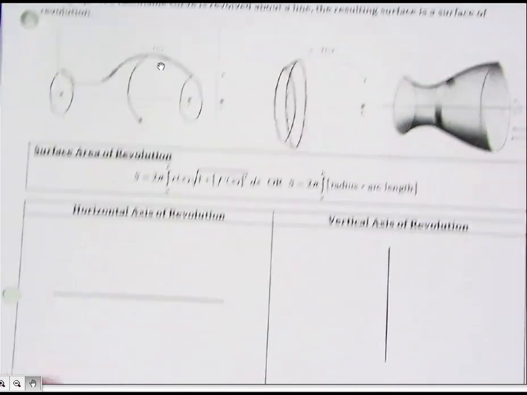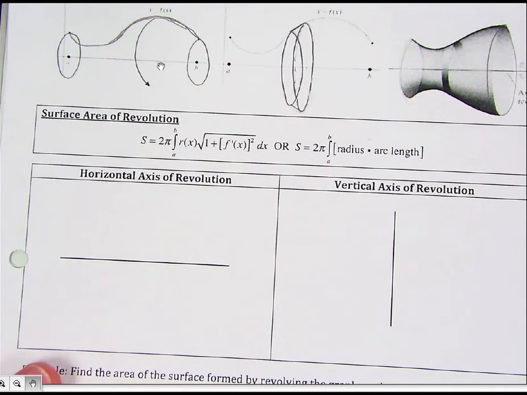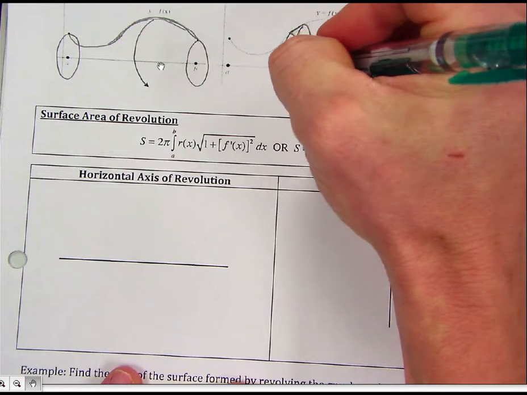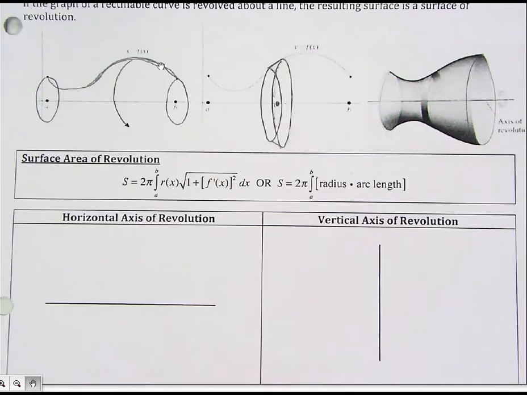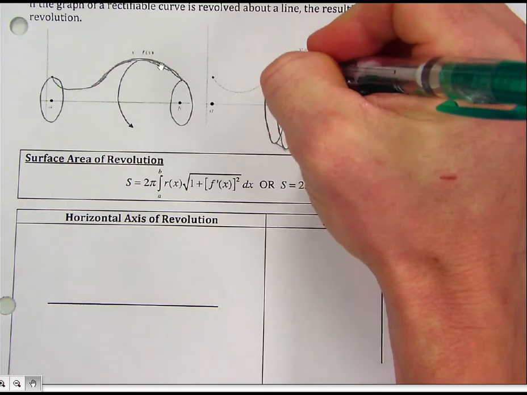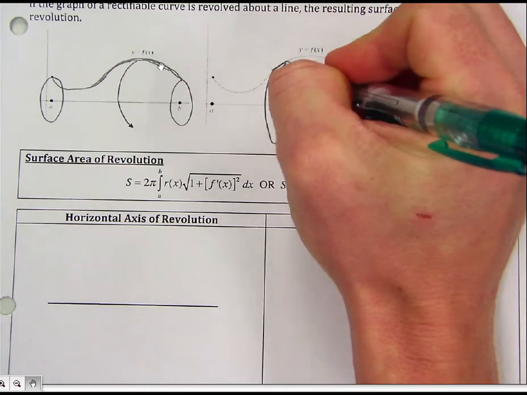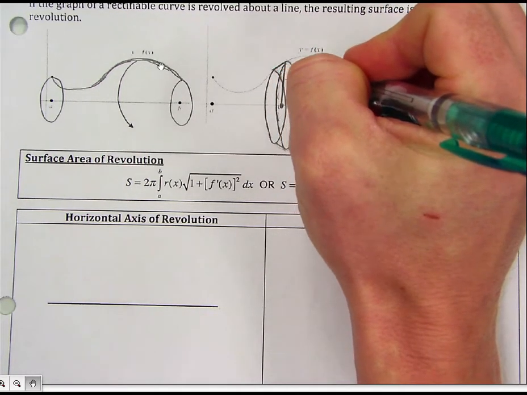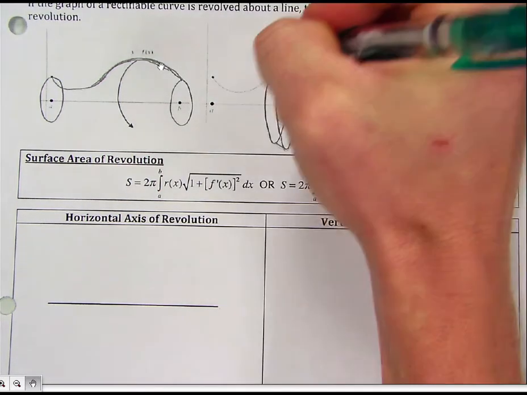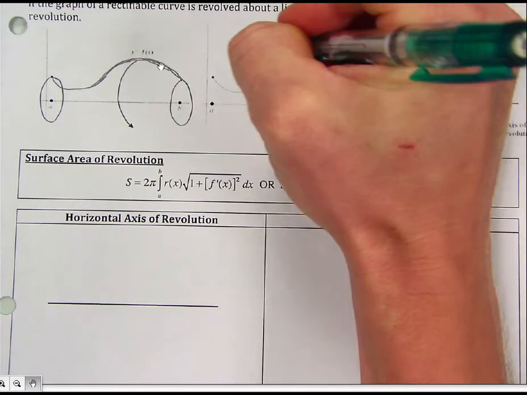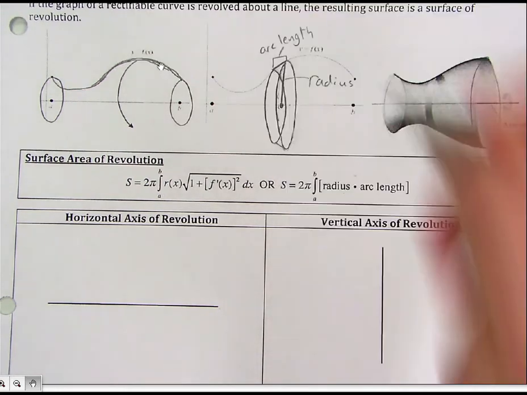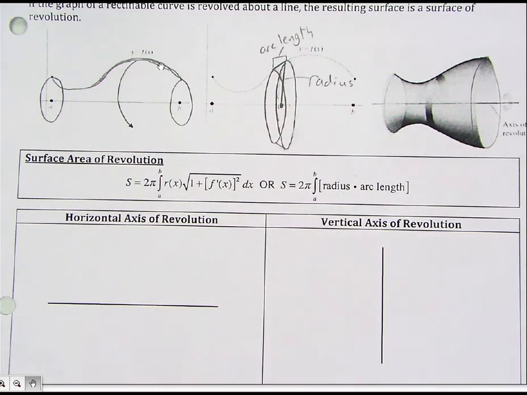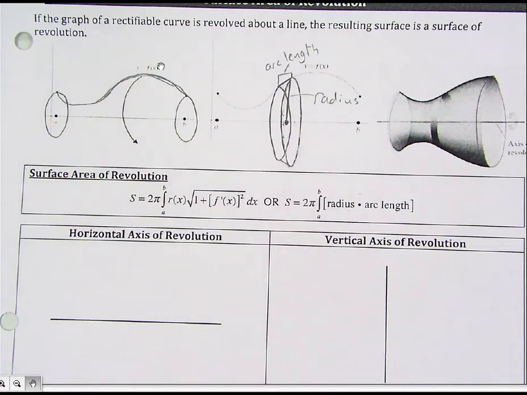So the ribbon, does that represent the radius? Okay. So the radius is going to be from the axis here up to here. There's your radius. And then right here is your arc length, which is what we spent last time finding. Okay, make sense?